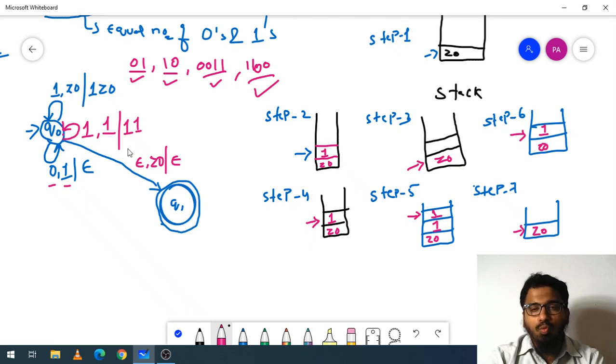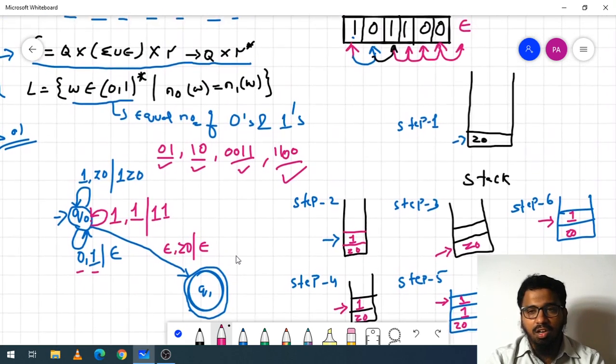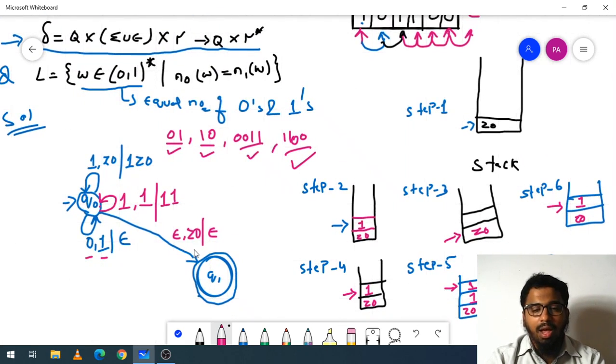If you don't want to move, no problem, but here we need to say any one of the final states. Q0 is the initial state and Q1 is a final state. So this is about the final answer: epsilon Z0 is epsilon, then we will get the final output.